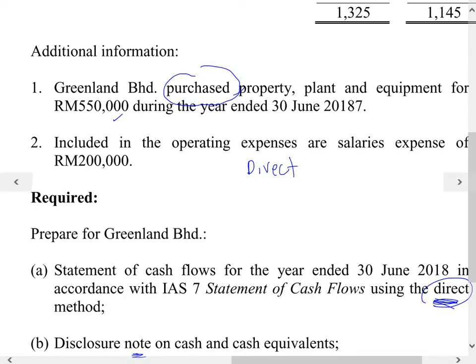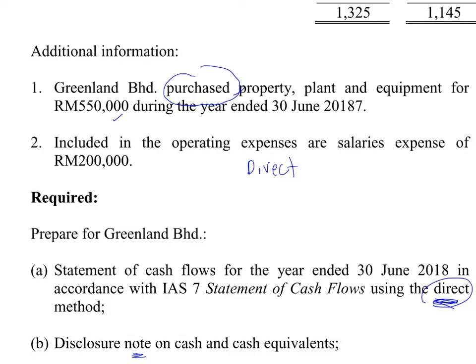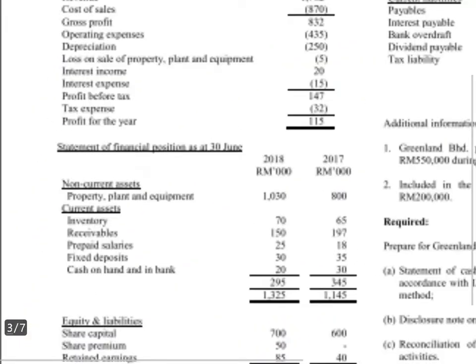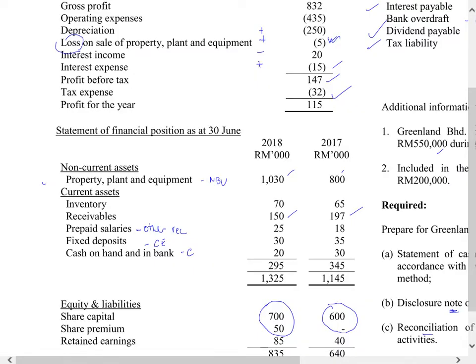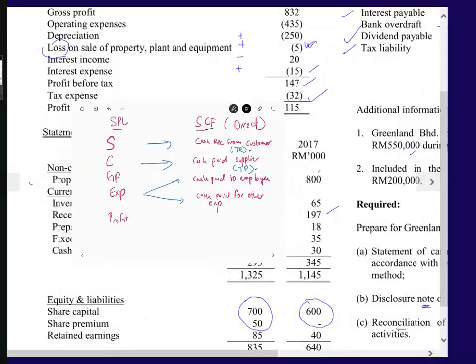Starts with what? Cash received from customer. Open what account? Trade receivable. So do I have a trade receivable here? Yes, I do have trade receivable, opening 19, closing 15.